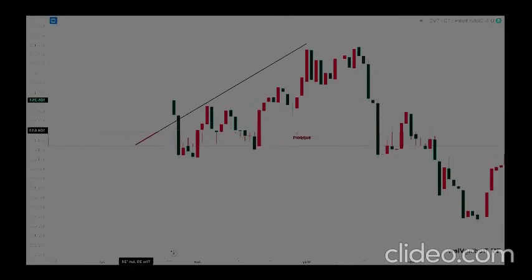As you can see here, for a valid trend line, your trend line should touch 2 points on the chart.